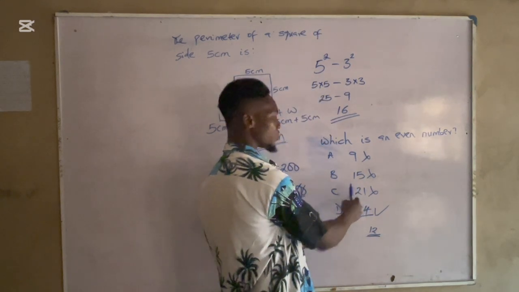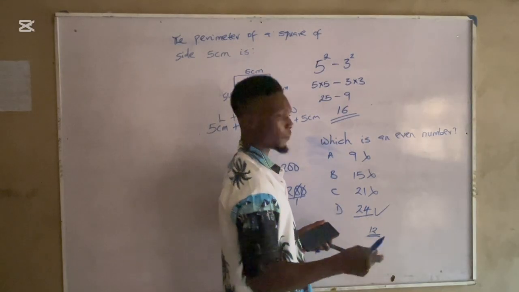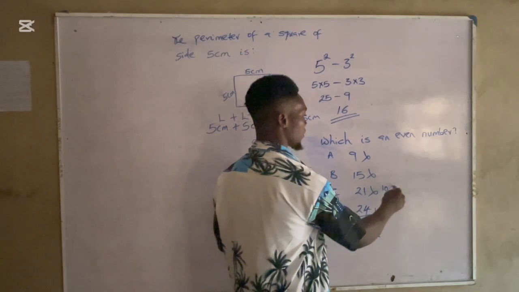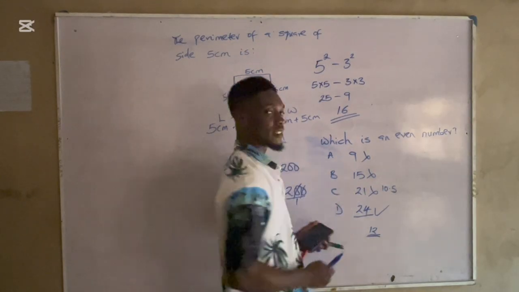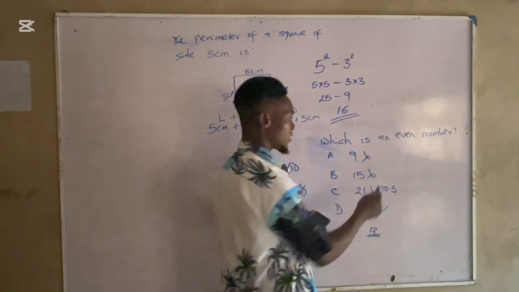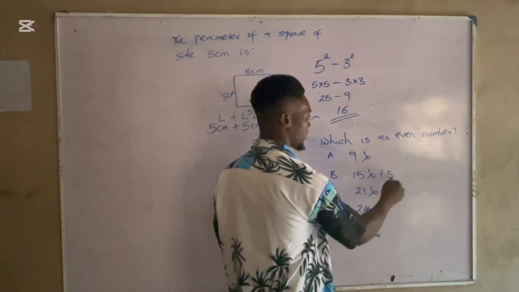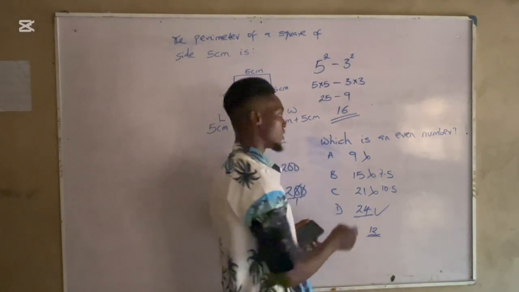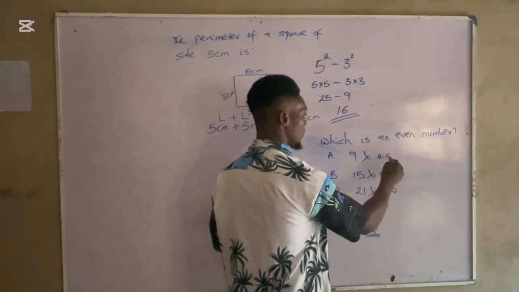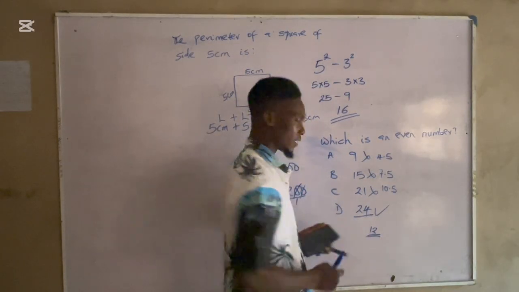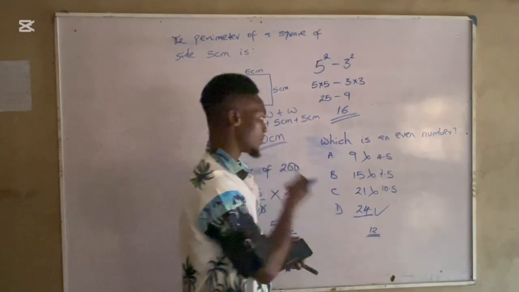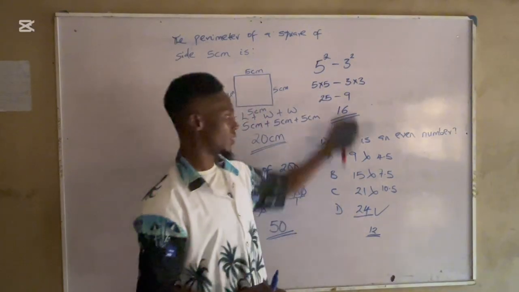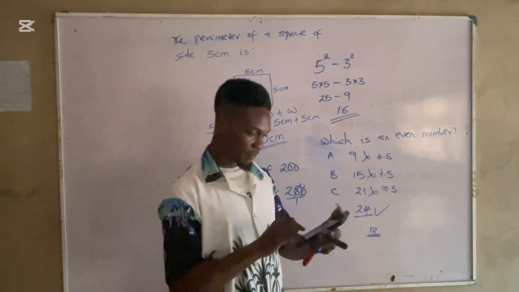But if we divide 21 by 2, we'll be having a decimal point. We have 10.5. If we divide 15 by 2, we also have a decimal number, 7.5. If we divide 9 by 2, we'll be having 4.5. So this is the only one that gives us a whole number. That means 24 is the even number of all these numbers listed.